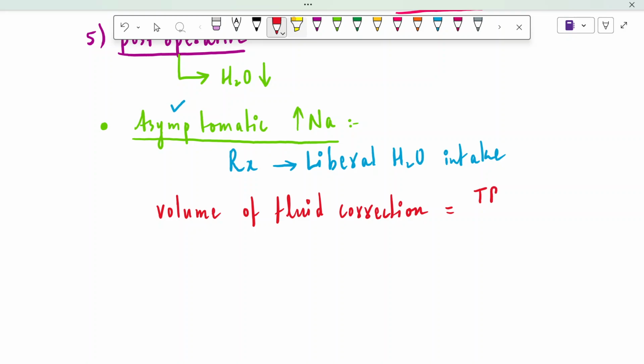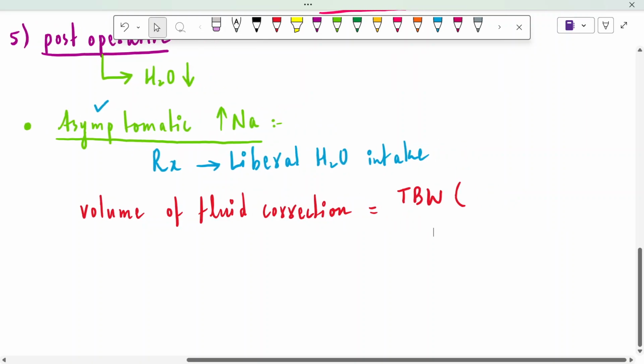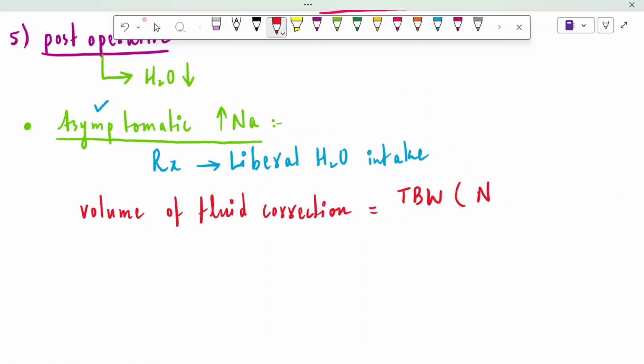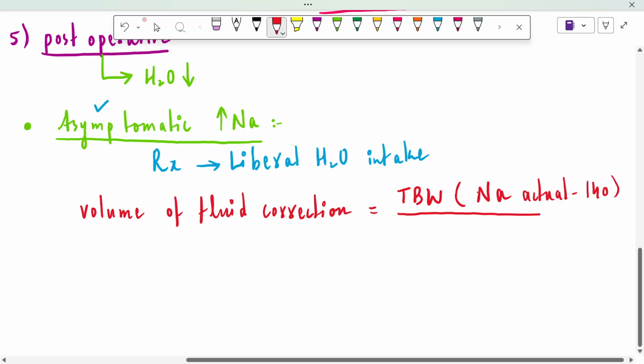It's total body water times the actual sodium, the sodium the patient currently has, minus 140, and we divide this whole term by 140. That's easy to remember, right? Total body water, sodium actual minus 140 over 140.